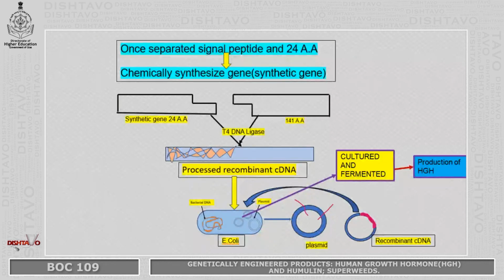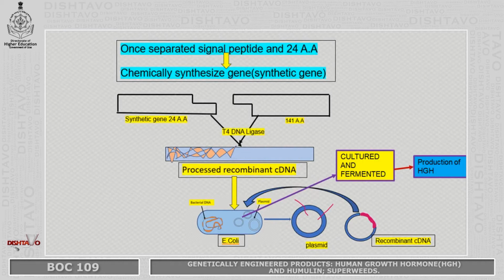Further, once the signal peptide of 26 amino acids is separated, it also takes along with it the 24 amino acid fragment as well. So we have to chemically synthesize another synthetic gene of 24 amino acids and ligate it with the 141 amino acid fragment with the help of T4 DNA ligase. By doing so, we get processed recombinant cDNA for human growth hormone.